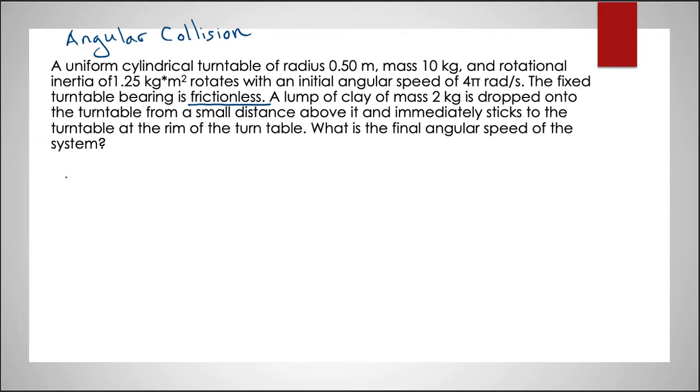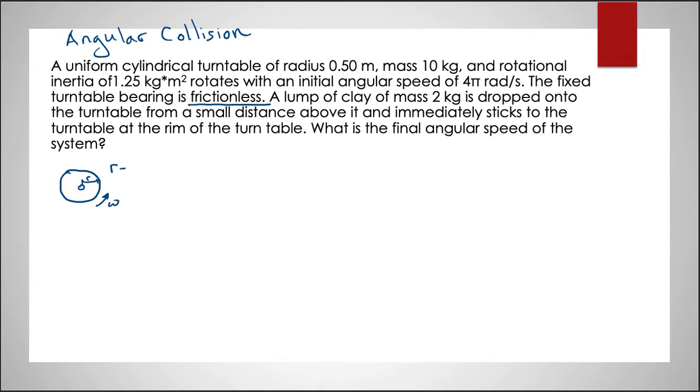So just like before, drawing a picture is great. What we have is a disc. The disc has an omega, and it's a certain radius, and that radius is given. It is half a meter. Ooh, that is sloppy. Let's rewrite that.